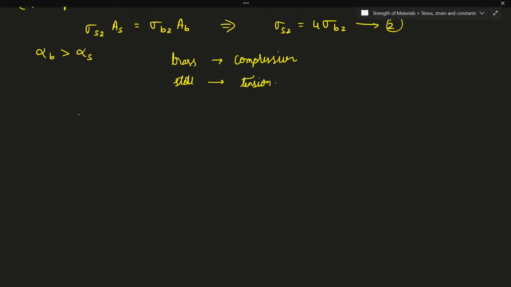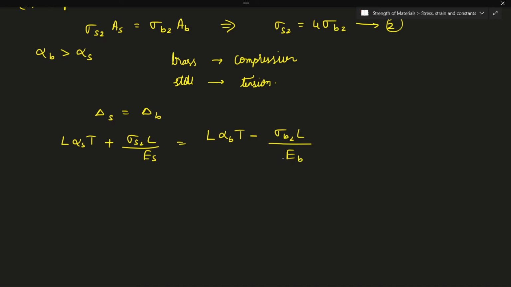Now the second set of equations, the compatibility equations, is going to be given by delta S. The deflection in steel is nothing but the deflection in the tube. Now the free expansion of steel is L alpha S T, and we'll have tension in this, plus sigma S2 into L divided by ES, which will be equal to the free expansion of the tube, L into alpha B into T, minus sigma B2 into L divided by EB.